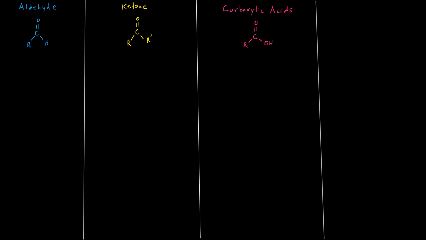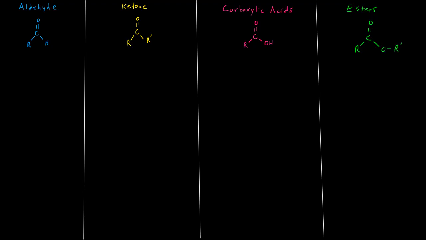And for esters, we're going to have that carbonyl group with a carbon chain on one side, and then on the other side an O with a different carbon chain. So let's look at what some of these compounds might look like.